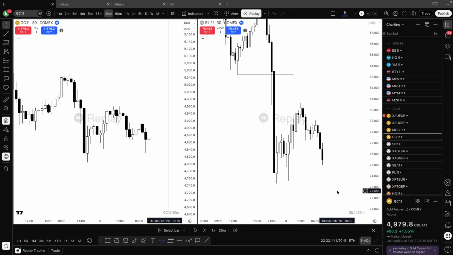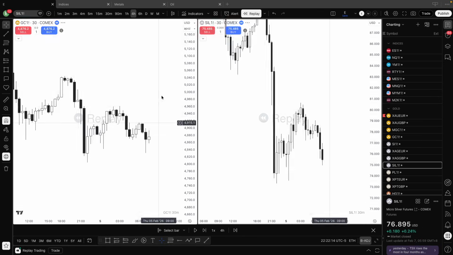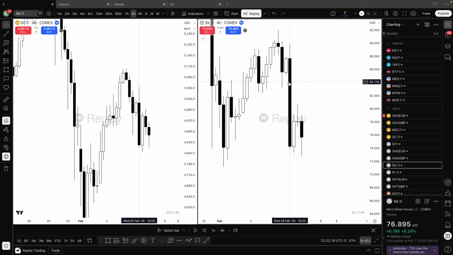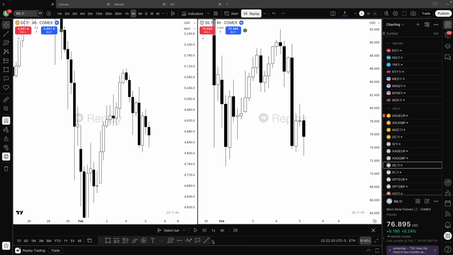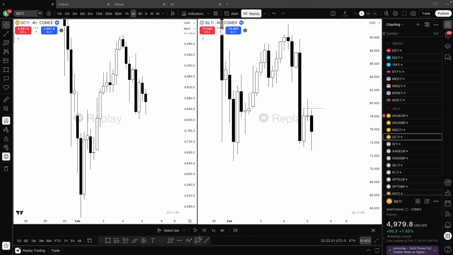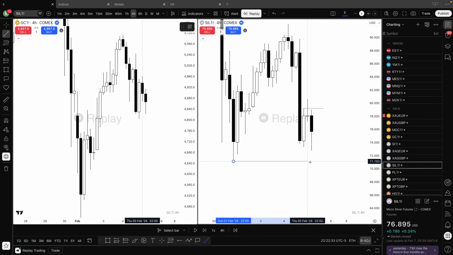Okay. So looking at this, looking at the intraday price action, right, we have this gap. And based off of what I mentioned earlier, if you want to continue lower, this gap is where you want to continue from. That's the only gap you can continue from. And this is the target for silver right there.